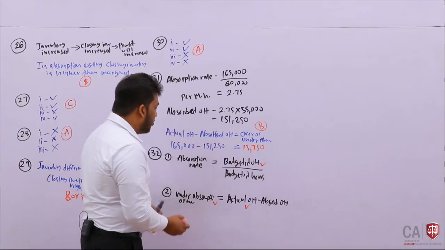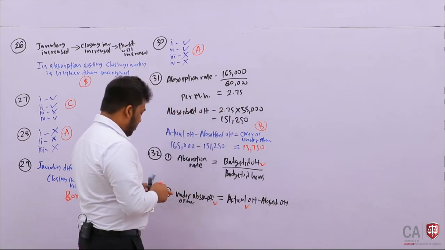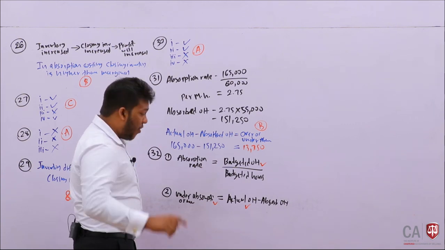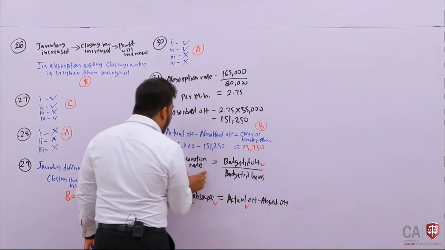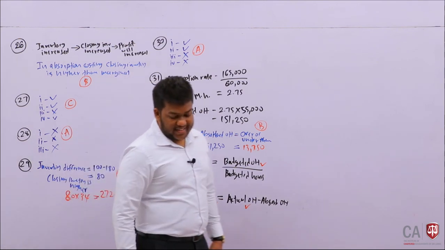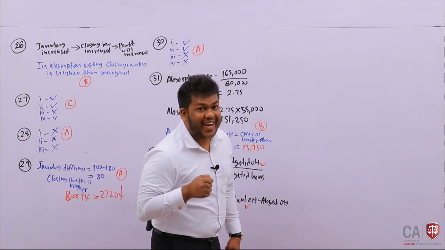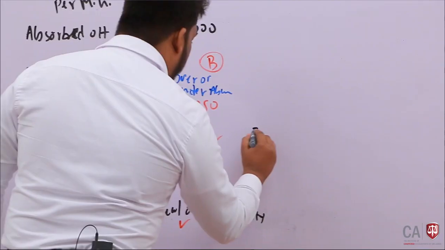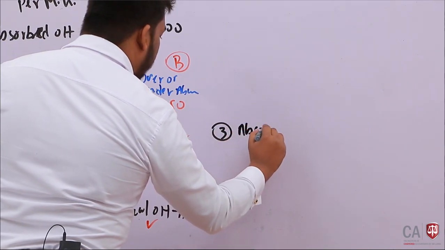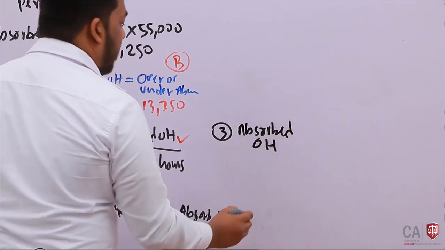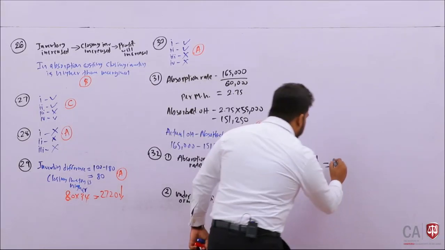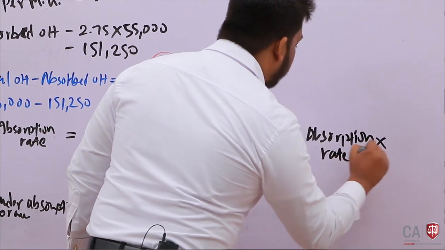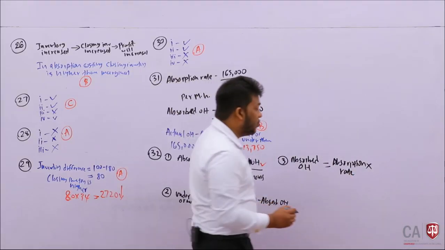So then what you can do? You can find out absorbed overhead. Then if you find out absorbed overhead, how to find out the absorption rate? Absorbed overhead means absorption rate into actual hours, see the third one.